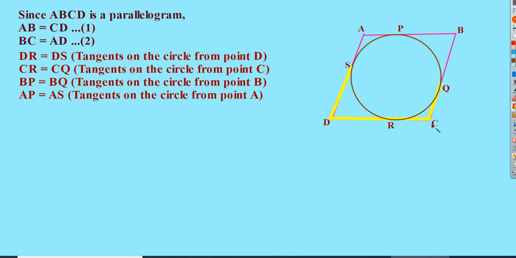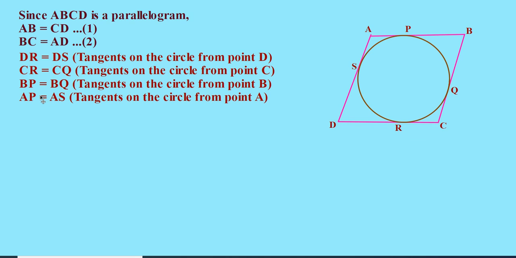Similarly, the opposite side, BP is equal to BQ and AP is equal to AS. These are all tangents from an external point. Adding all these equations, what will you get?